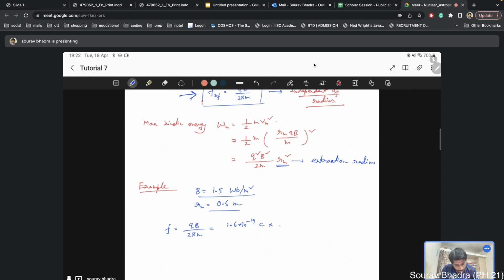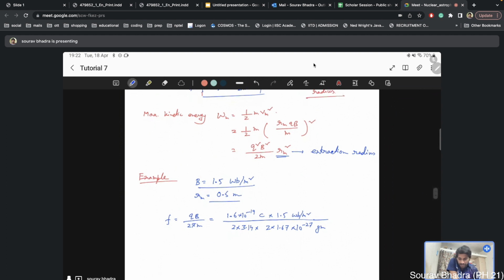B is 1.5 Weber per meter square, and 2 pi is 3.14 times 2, and mass is the mass of a deuteron, that is made of 2 protons, 10 to the power minus 27. So just put it and calculate. I will not do everything. So it will be 11.4 into 10 to the power 6 hertz if you calculate it.